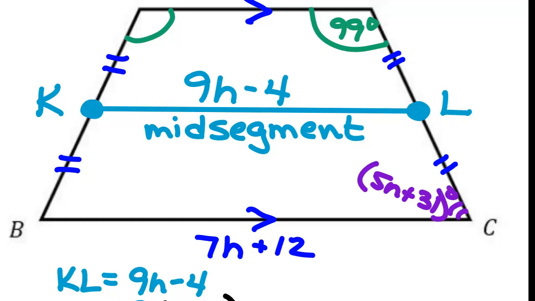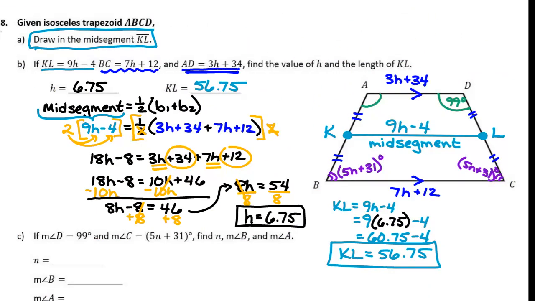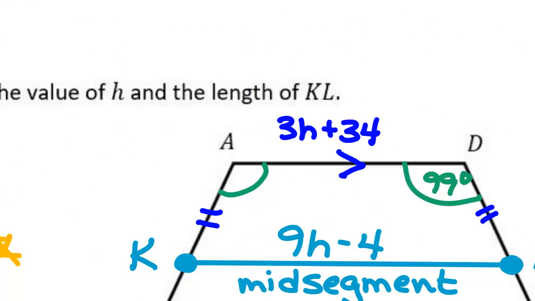Well, angle C is a base angle with angle B. So angle B would also be 5n plus 31 degrees. Angle A, because it's congruent to angle D, is 99 degrees.